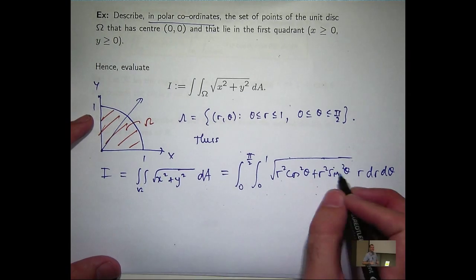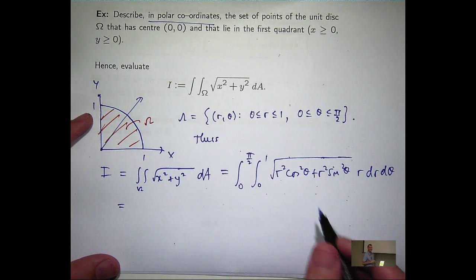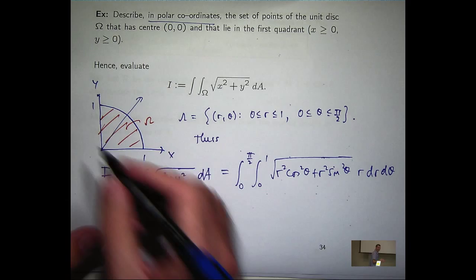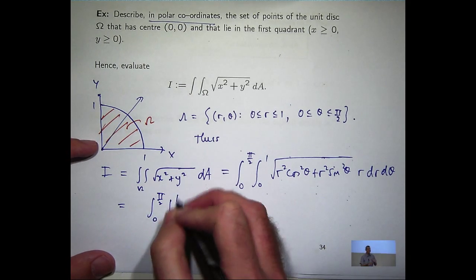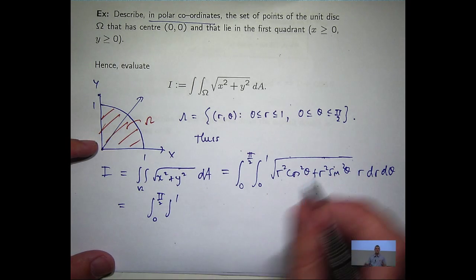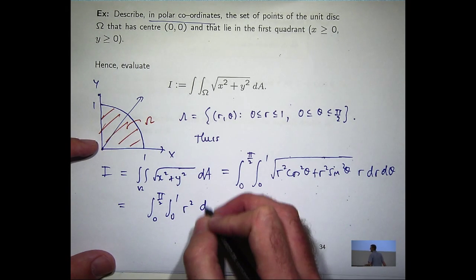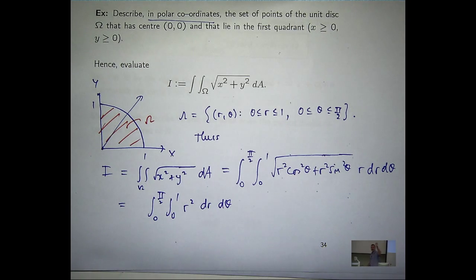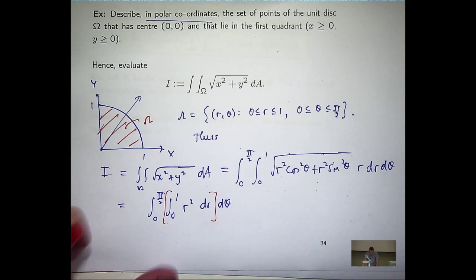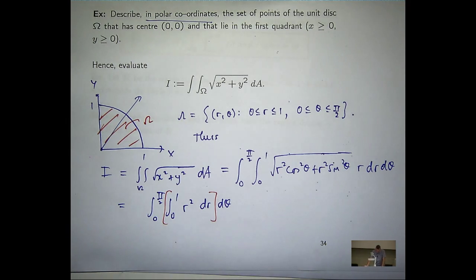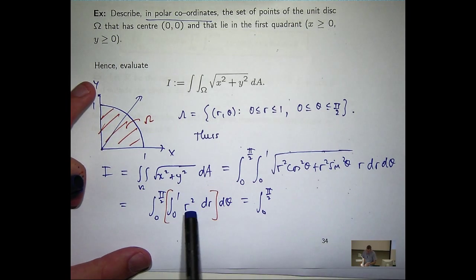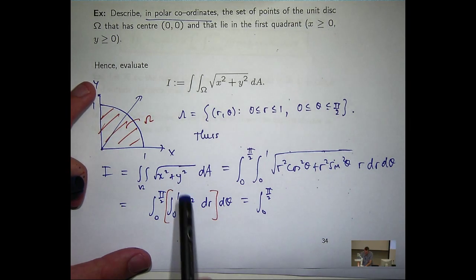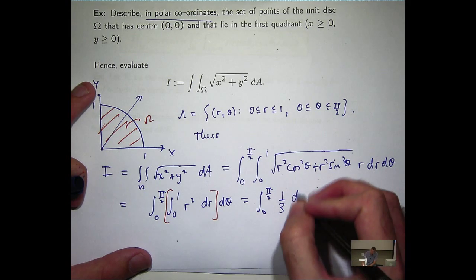So I can use cos squared plus sine squared equals 1. I can take the absolute value. r is positive here anyway, so there's no worries about that. So I'm going to get that with an r, so I'm going to get r squared dr d theta. Okay, so I do the inside integral first. If I integrate that with respect to r, I'm going to get 1/3 r cubed, and at 1 I'll just get the following.